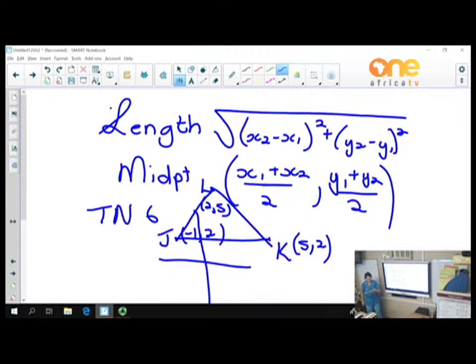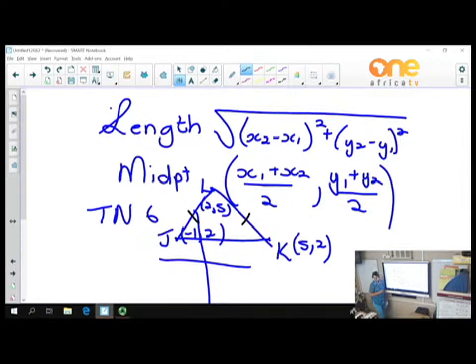Now what you have to prove is that this is an isosceles triangle. So the question is, when will it be isosceles? It will be isosceles if you have 2 equal sides. So it means you have to get the length of those 2 sides. Actually, you will have to get the length of all of them. But again, because I've drawn the picture, I can immediately see that this is the isosceles triangle because these 2 are lying on the same line.